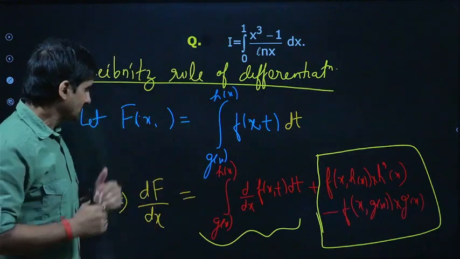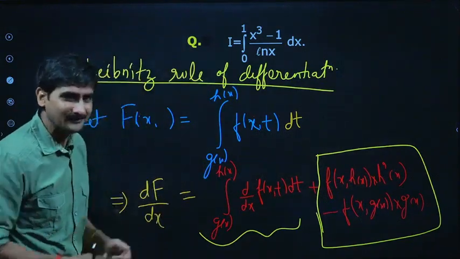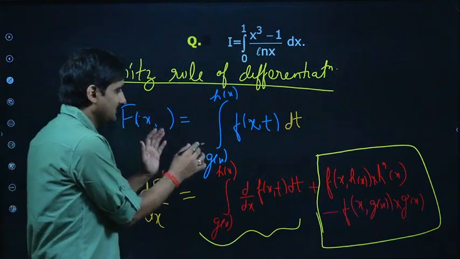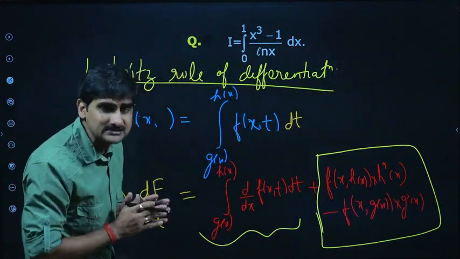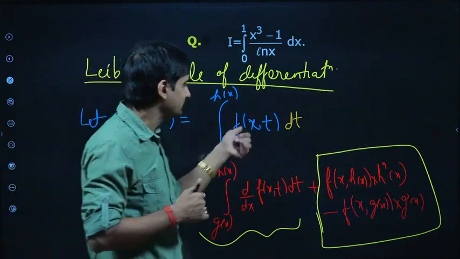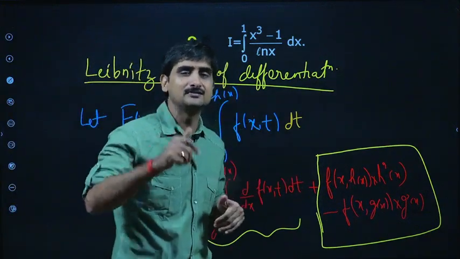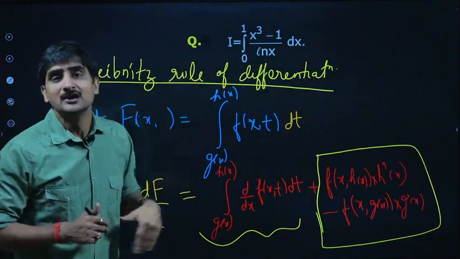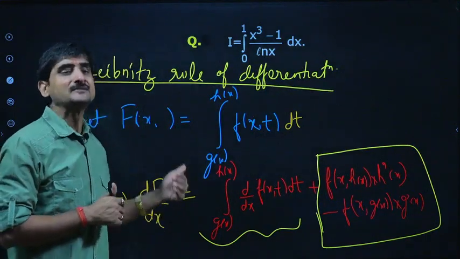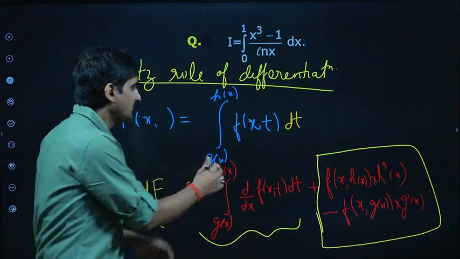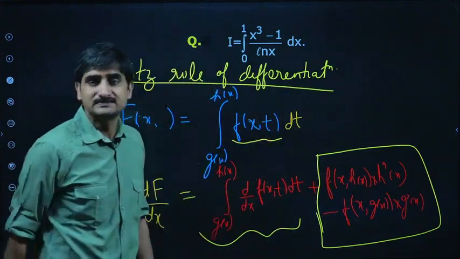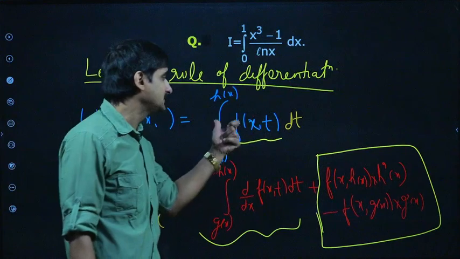If you want me to repeat, I will repeat. The integrand is a function of x also and a function of t also, where t is the variable of integral, and t goes from g of x to h of x. I have to differentiate it with respect to x. Then take the partial derivative of the integrand with respect to x.